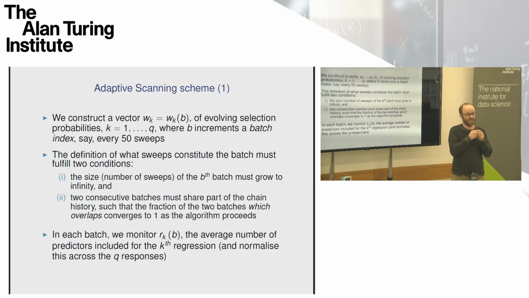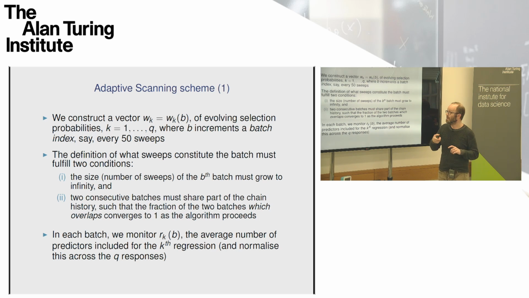It should not be only the values that we recorded in the previous 50 iterations, but the history should go to infinity as the value of B goes to infinity. So we have to keep all the past history as the algorithm proceeds.